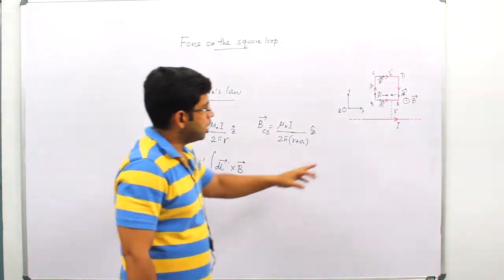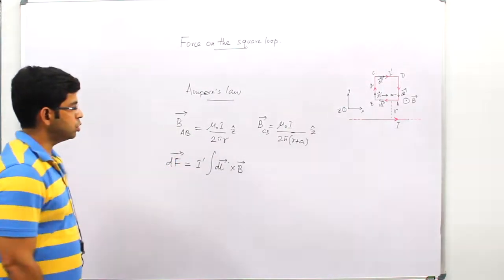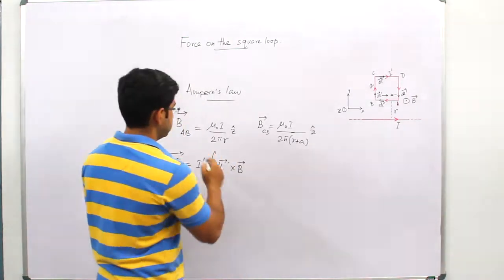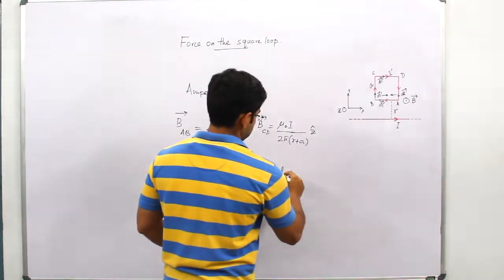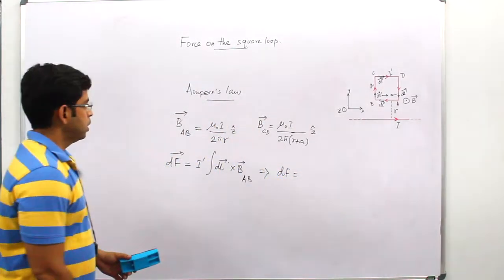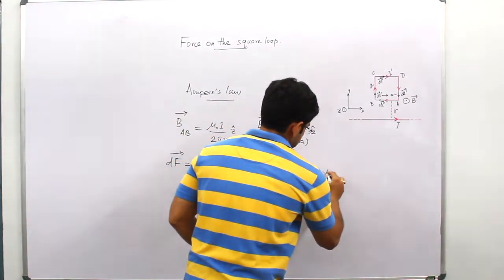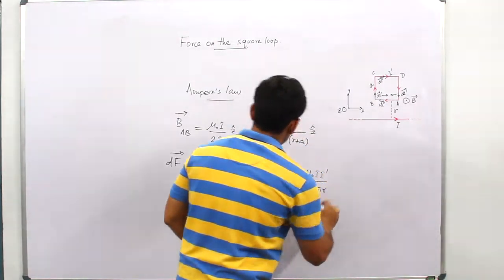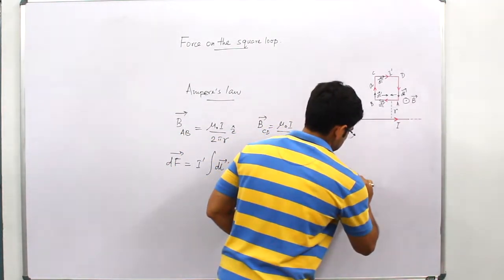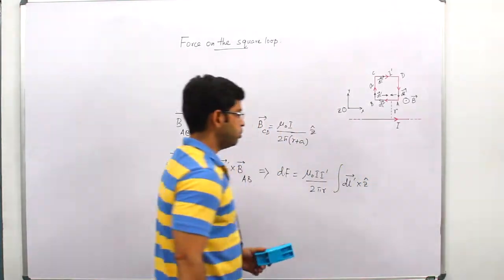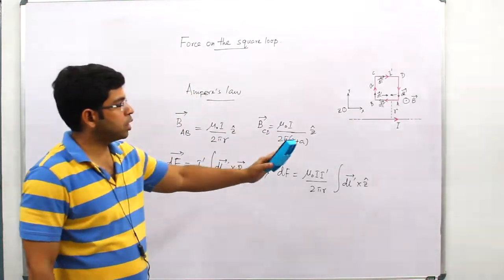Now let us concentrate on the arm AB. So here we will have the same equation of the force, but in place of B we will write B AB. So the magnitude of the force will be μ0 I by 2πr multiplied by I prime integral of dl prime cross z unit vector. Now see, this dl prime is directed according to the sense of the current flow here.